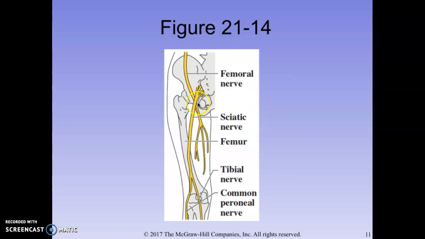And when it puts pressure on it, it causes everything below it to be inflamed. And if you've ever had nerve pain or sciatica, sometimes it's tingling and numb. Sometimes it's like a burning sensation. And it can be very painful and sometimes debilitating. So those are two reasons why the sciatic nerve might be inflamed, causing sciatica.